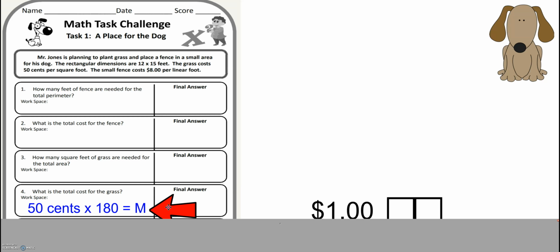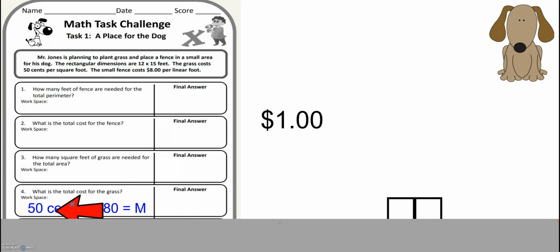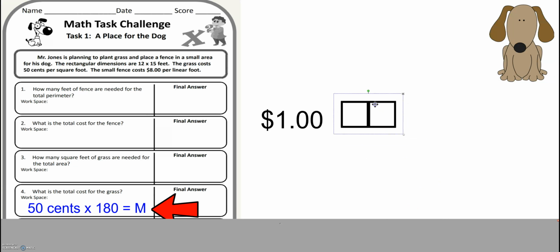This one's really tricky. So instead of thinking about 50 cents, let's think about $1. So we're doubling our 50 cents to $1. And for every dollar I spend, I'm going to get 2 square feet of grass.